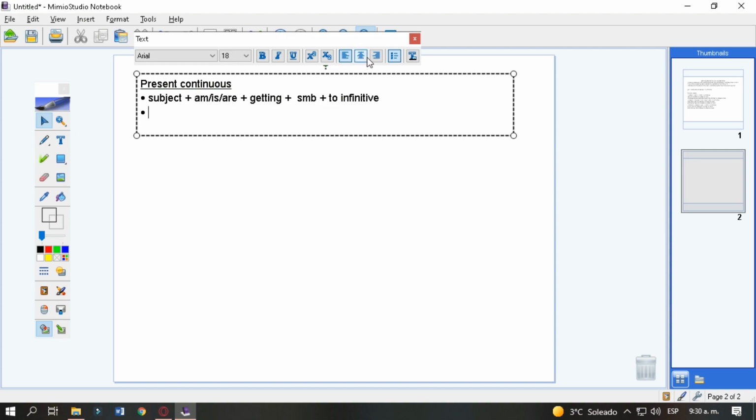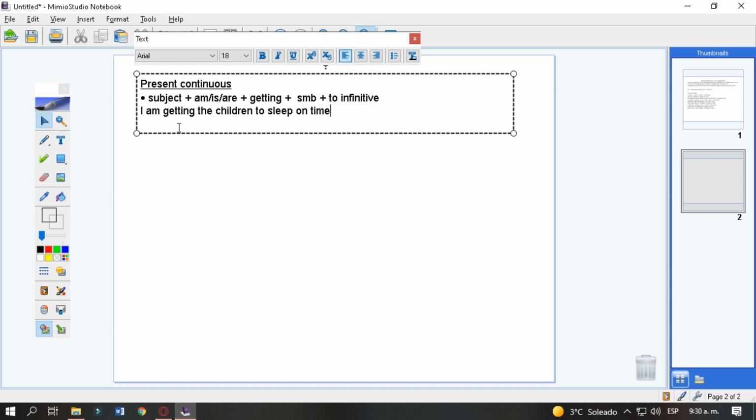Let's check an example. Let's keep working with the same one that we are using. I am getting the children to sleep on time, in the moment, right now.